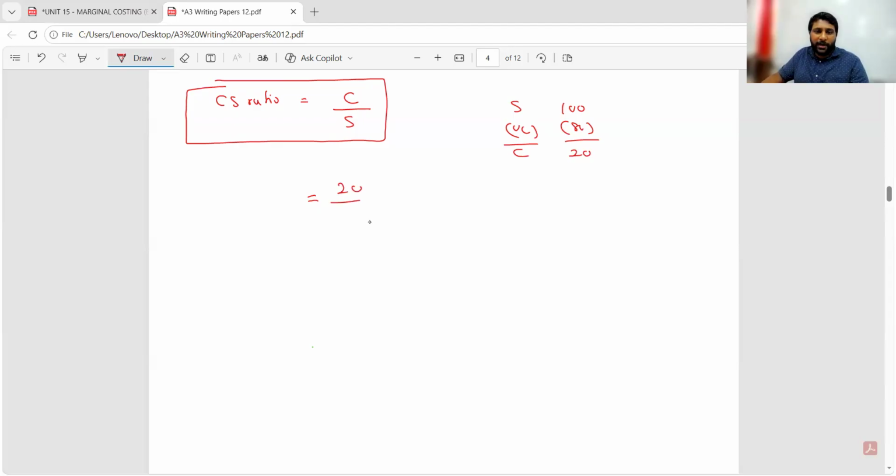Contribution is 20, sales is 100. Then how much is the CS ratio? People get that? 0.2. That means 20%. So what does that mean, people? From your sales, 20% is contribution. That's all. Done.